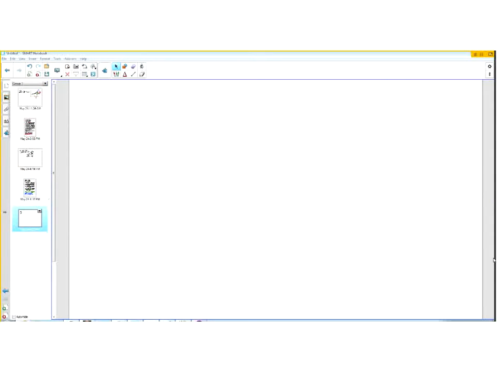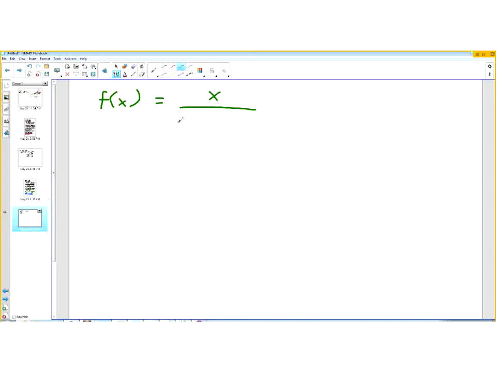So for instance, let's let f of x equal, say, x divided by x plus c over x. So we want to calculate f prime of x.